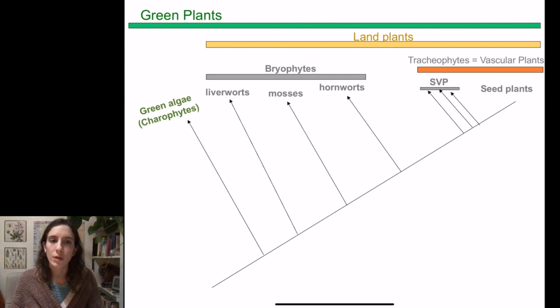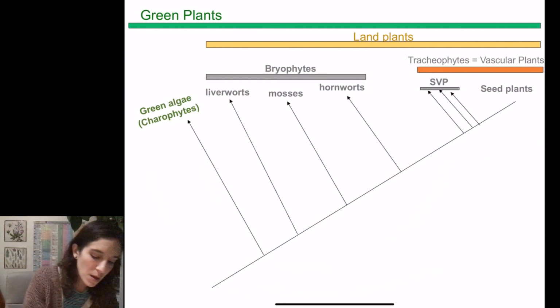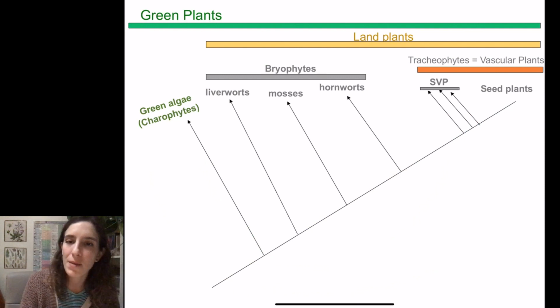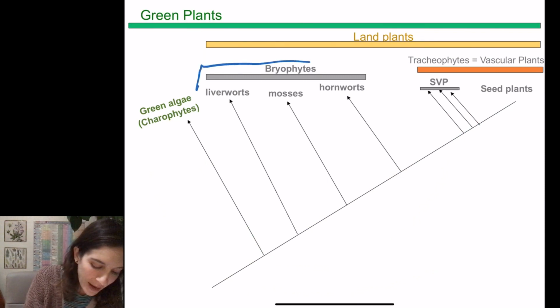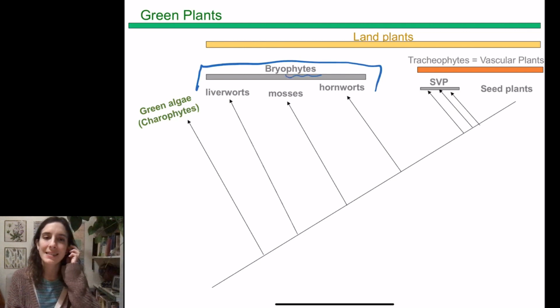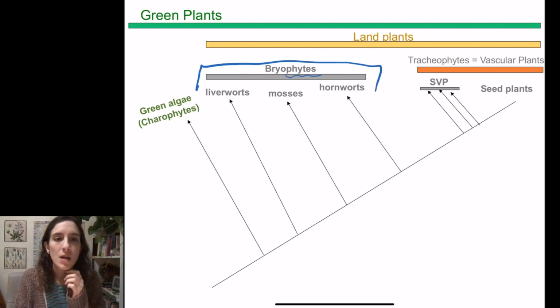Same with the hornworts. But notice that these 3 groups together, the liverworts and the mosses and the hornworts, do not form a monophyletic group. They are known as the Bryophytes. We have to use that informal ending, -phytes, because it's a paraphyletic group.